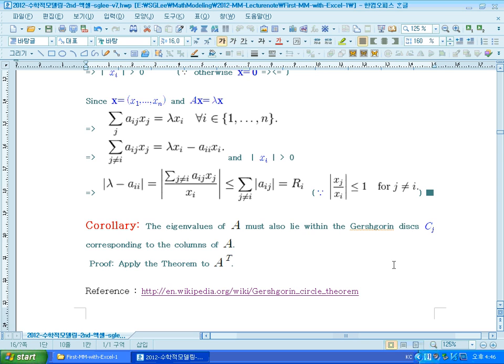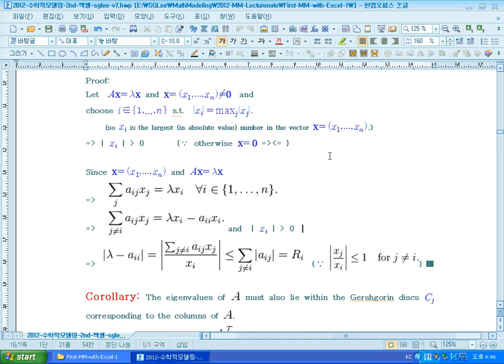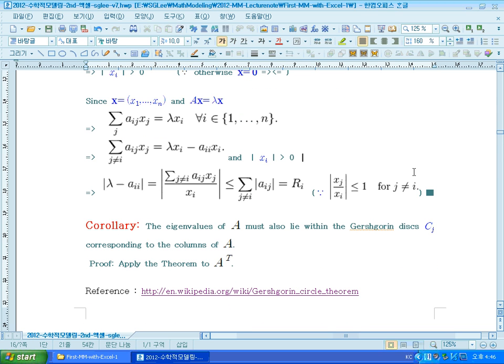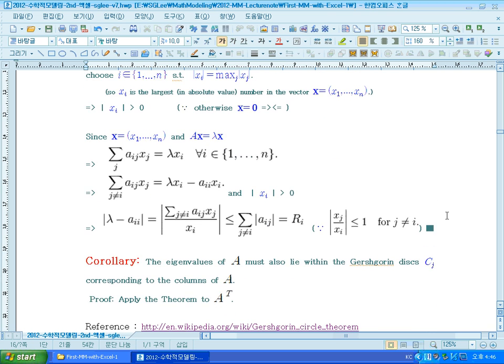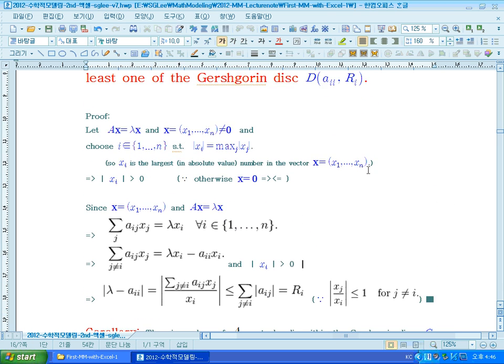But Gershgorin understood this theorem in terms of the location of the eigenvalues. That was a very smart idea. From here, if we have a matrix, then we can easily draw the Gershgorin disks.